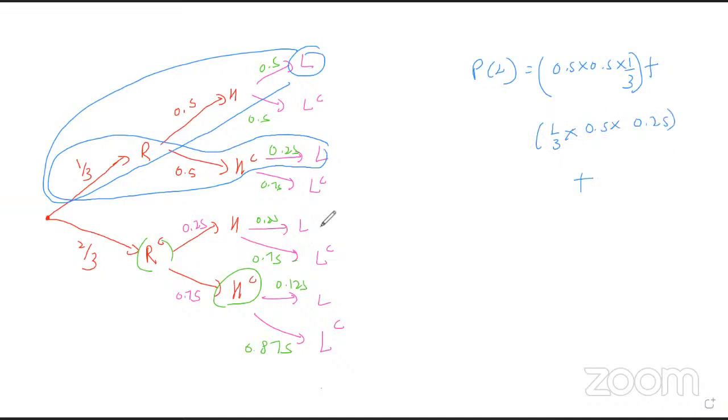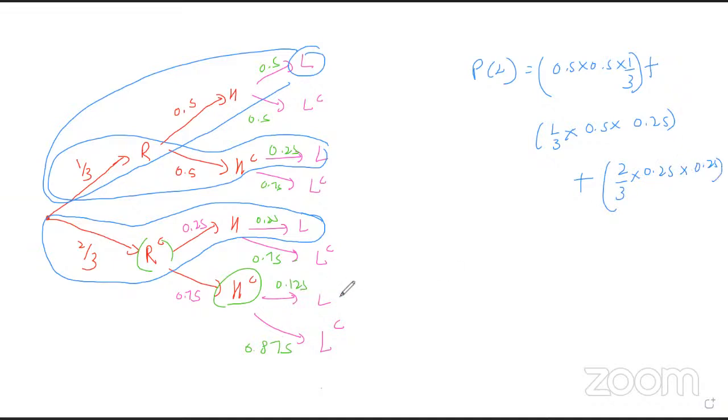Plus again for late, you have to track back this branch, how you are reaching the late part: 2/3 into 0.25 into 0.25. Similarly, the last branch for late is this, which you have to trace back again. We are just adding up all the possibilities in which a student can be late.